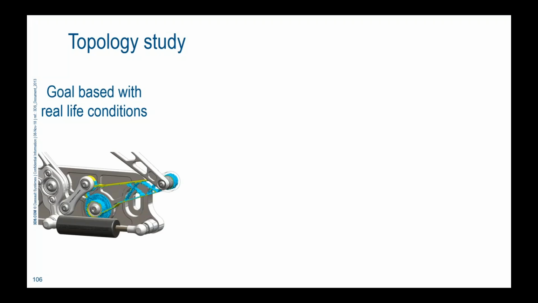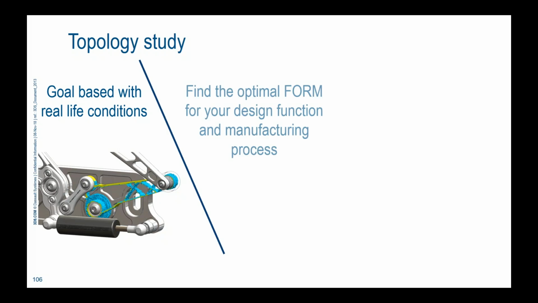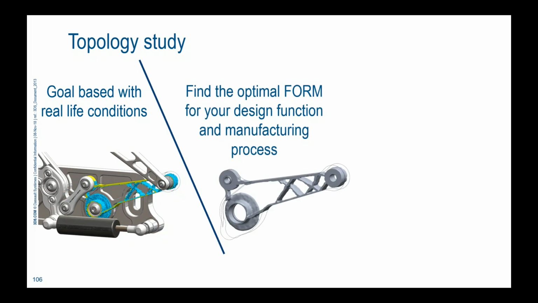So the goal now in topology study is based on real life conditions. Let's say you have to set up an analysis like in simulation, and so it's based on what you expect to be used on that product. Also, you can optimize the form, the shape of the product, and you don't have any limit, any boundary here, because you are not defining any parameters.